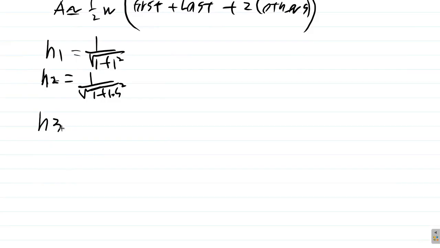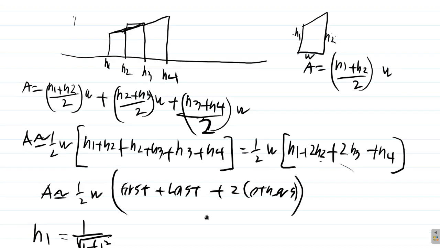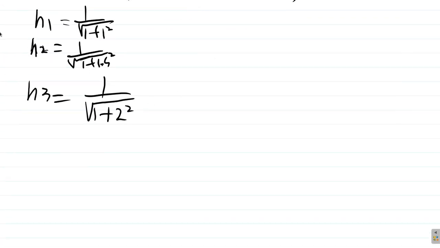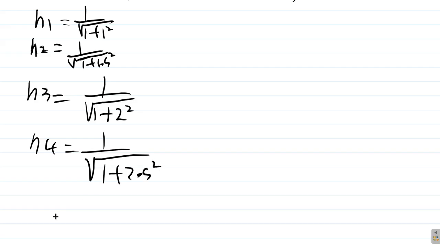For H3, it is 1 over the square root of 1 plus 2 squared. H3 is at 2, then 2.5, then 3. H4 is 1 over the square root of 1 plus 2.5 squared. And for H5, it is 1 over the square root of 1 plus 3 squared, right?